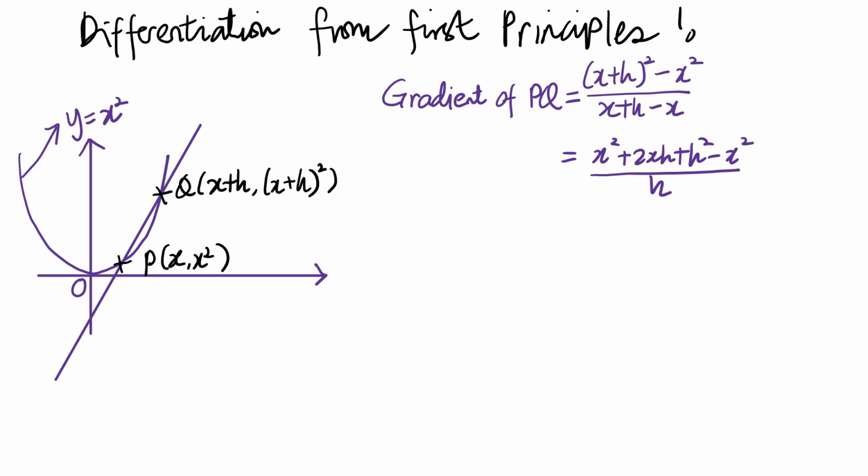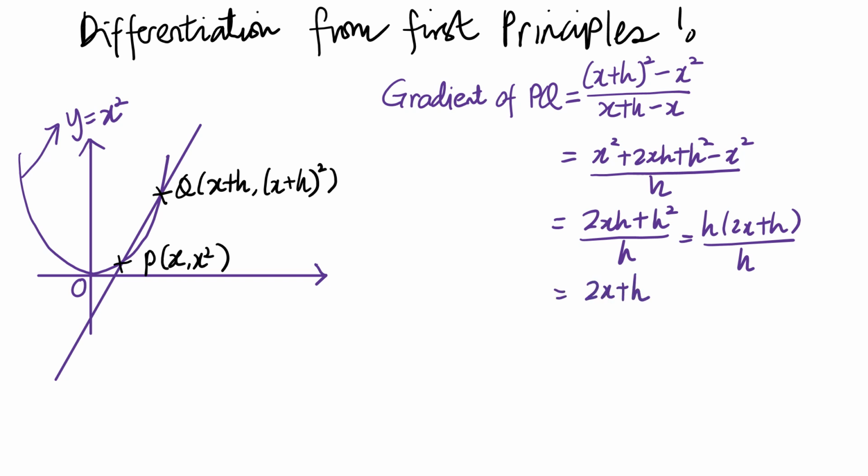You get x squared plus 2xh plus h squared minus x squared, and the denominator will be h because x minus x gives you 0. If you simplify further by extracting the common factor h from 2xh plus h squared, you end up getting the gradient of PQ to be 2x plus h.